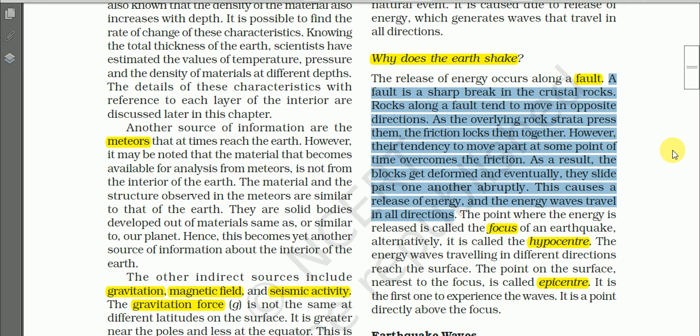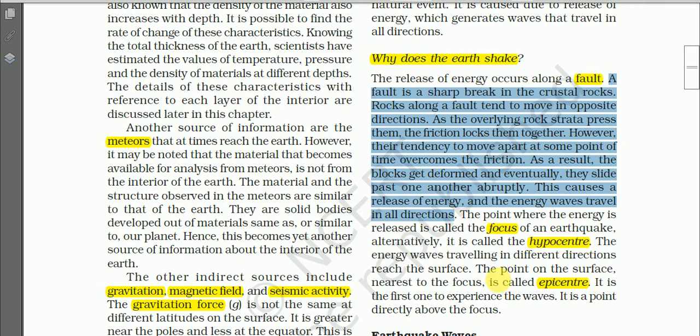As the overlying rock strata press them, the friction locks them together. However, their tendency to move apart at some point overcomes the friction. As a result, the blocks get deformed and eventually they slide past one another abruptly. This causes a release of energy, and the energy waves travel in all directions, and in this way an earthquake occurs.